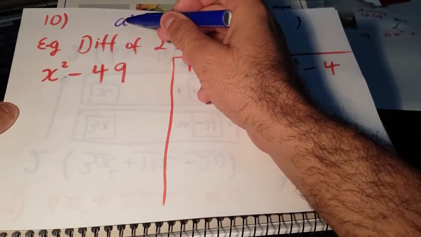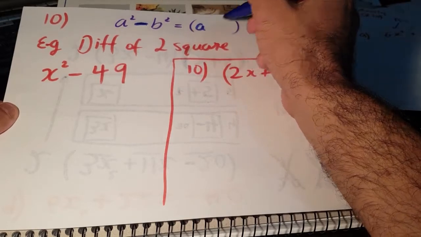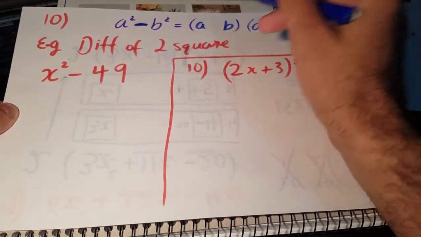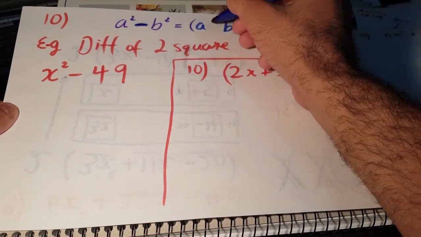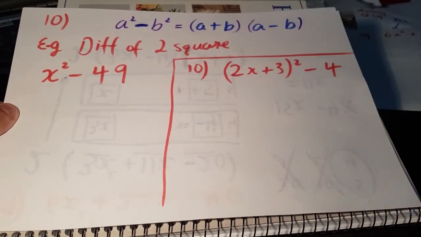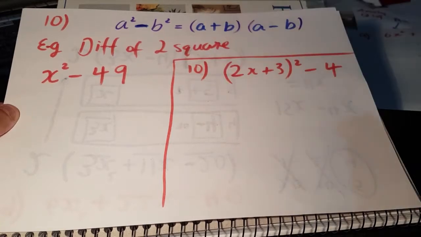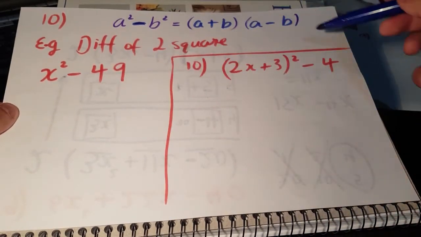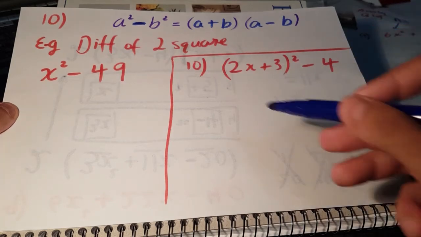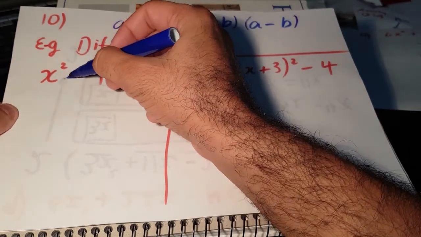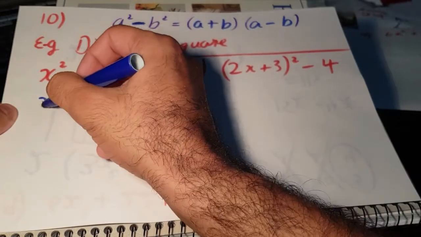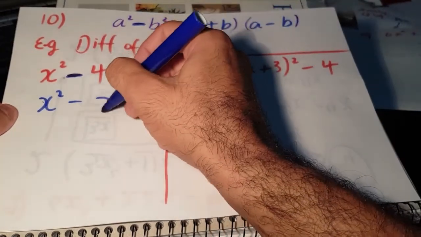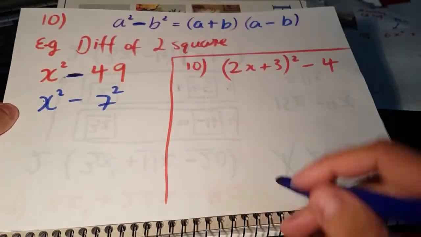If we have a difference of two squares, we should copy A and B in each of the two brackets, but one will be a positive and one a negative. I proved this by expanding it and getting the answer. I'm going to give one example and then we'll do the question that's in the multiple choice. So we have to make this a difference of two squares. This is x squared, but can we make this a squared? We sure can, because we know that 49 is 7 squared.